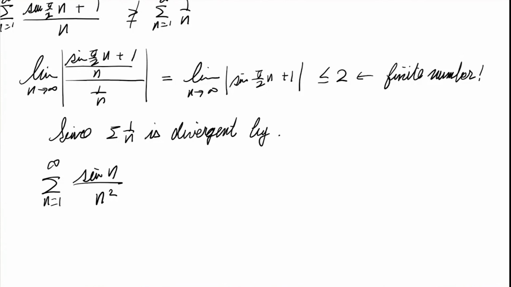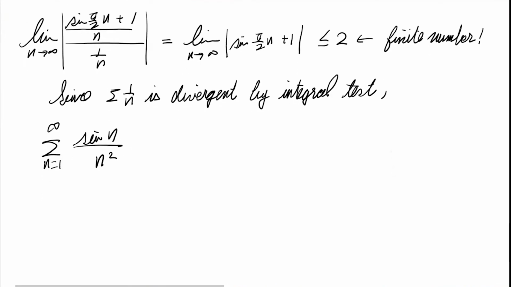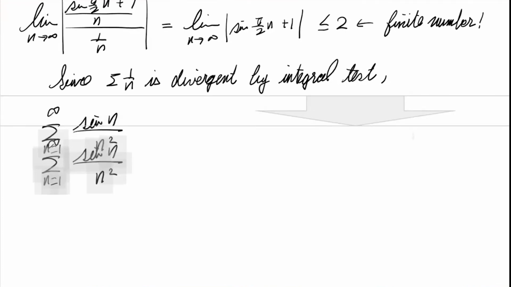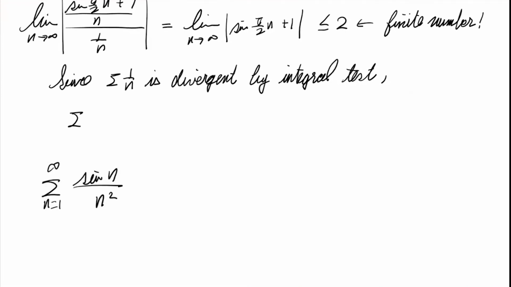By the integral test, which I'm not going to do, but you have to do it. Do as I say, not as I do. Since that is divergent, this is divergent as well.